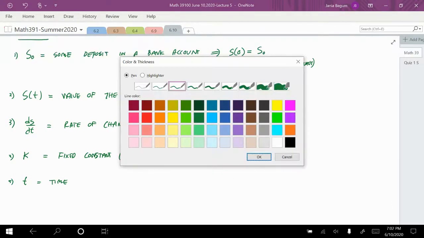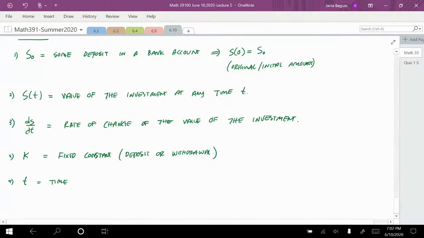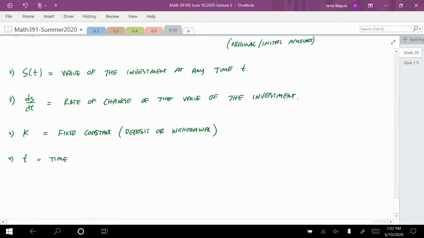Now let me give you some background. Let's revisit pre-calculus. Where is all of this coming from? The cool thing is you're always connecting to the past, to what you have learned so far. So let's recall from pre-calculus or calculus, wherever you saw this.